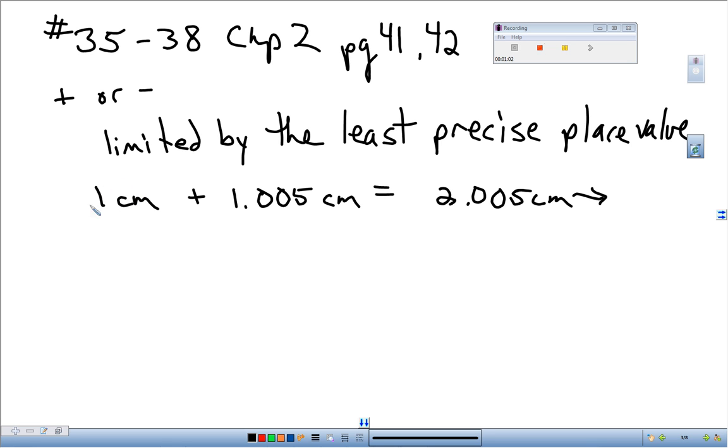The least precise place value is the 1, so I can only write down 2 centimeters as my final answer. If you can eyeball it and see it's going to be 2 centimeters, you may just write down 2 centimeters. But it's generally a good rule to write down the answer and then round it afterward.